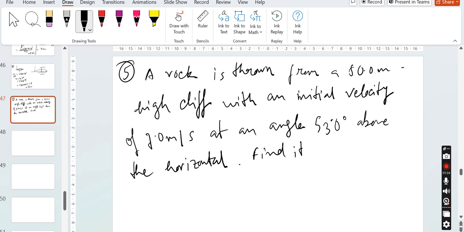Find its velocity when it hits the ground.